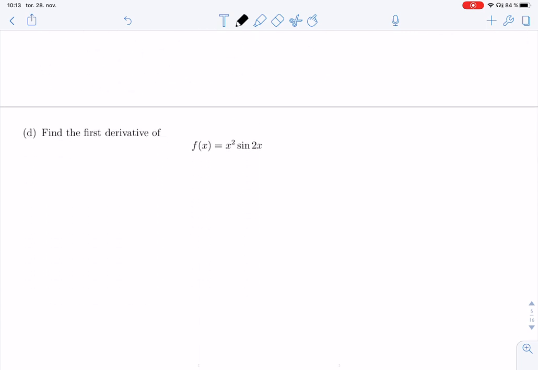Okay, now I need to find the first derivative of an expression here. I see that I have something with x multiplied with something else with x. So I think I'll use the product rule.